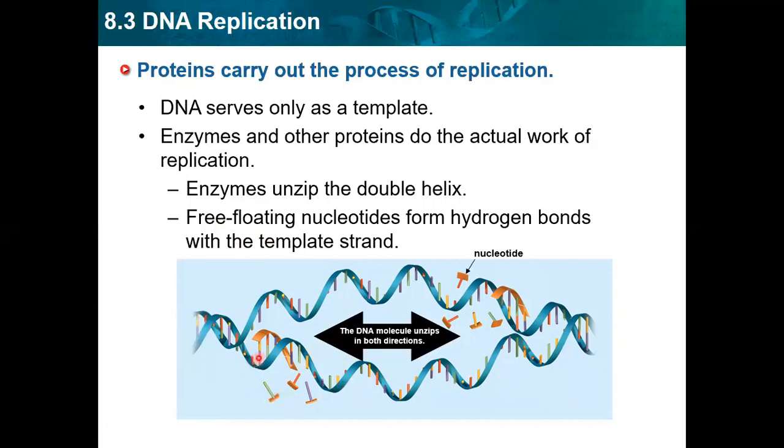Once the helicase is unzipping the double strand, the free floating nucleotides find a way to stick with the complementary bases. What do I mean by complementary bases? I'm talking about the T-A, C-G pairing. So the free floating nucleotides stick to the complementary bases, and as they do that, they form a new DNA strand.